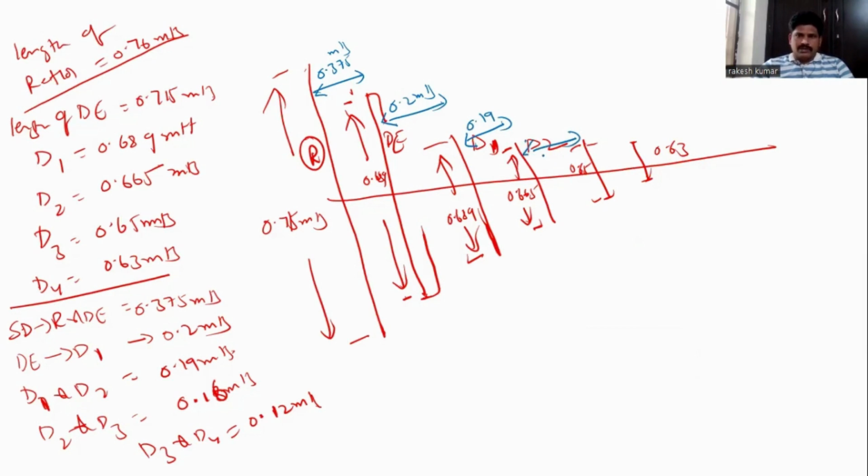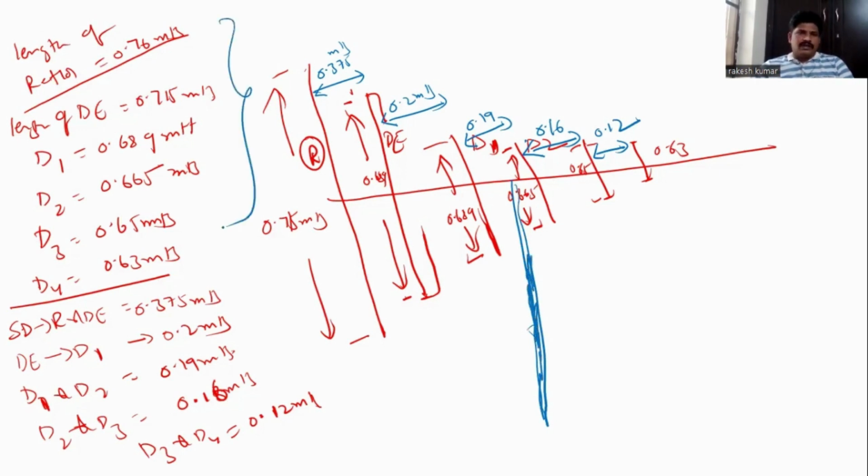Between this one, 0.16. Here the separation distance is 0.1. So this is the design of the Yagi-Uda antenna. You want to calculate the length of various elements present in the Yagi-Uda antenna and the separation distance.